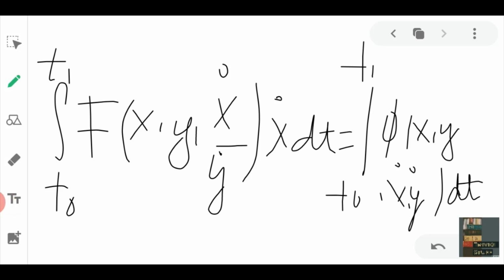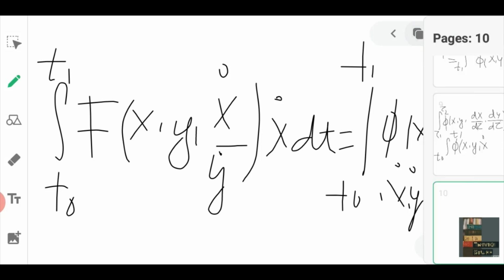So the variational problem for the right hand side leads to a pair of Euler equations, because we have x dot and y dot, we have x of t and y of t. As in the previous video, we see that if you have more than one variable you get a system of Euler equations.